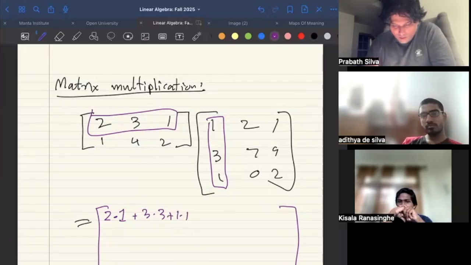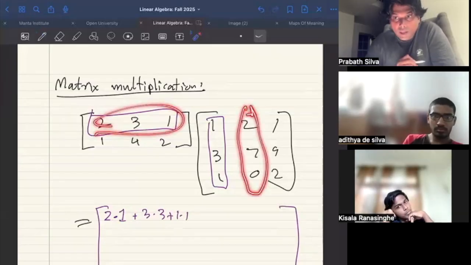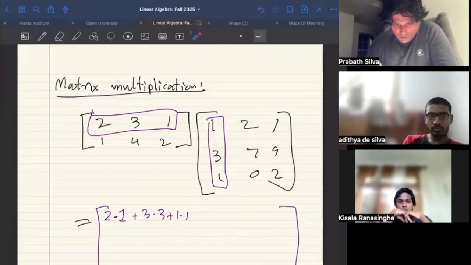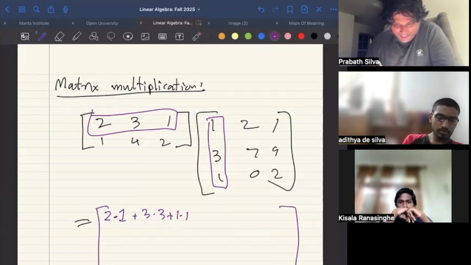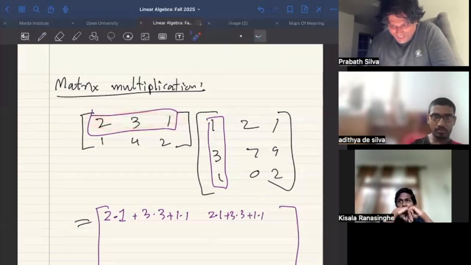Okay, and then the second one is you're multiplying this with this. Okay, so that's going to be 2 times 1 plus 3 times 3 plus 1 times 1. Okay, and the next one, this one and this one.